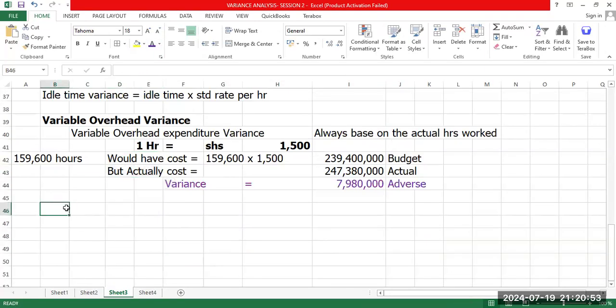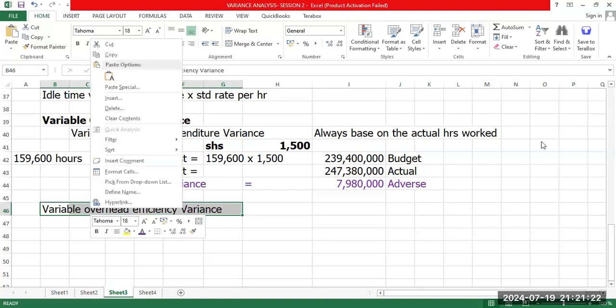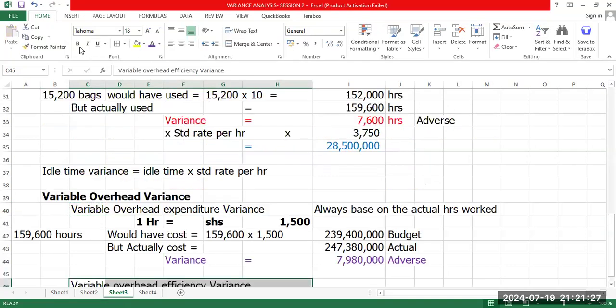Variable overhead variance. Lastly, we have variable overhead efficiency variance. Labor efficiency variance, just the same.